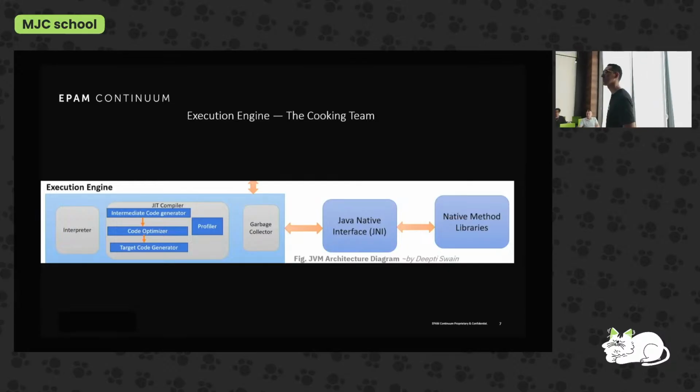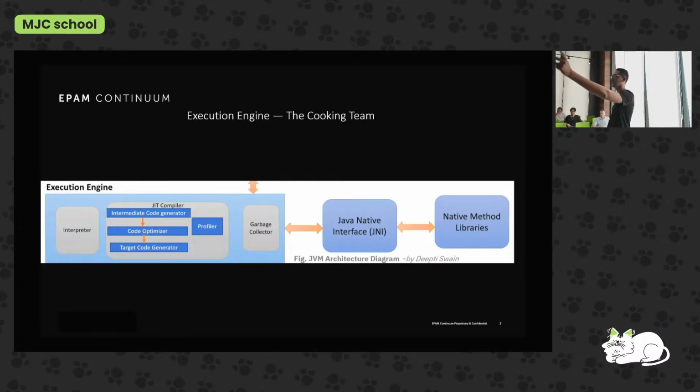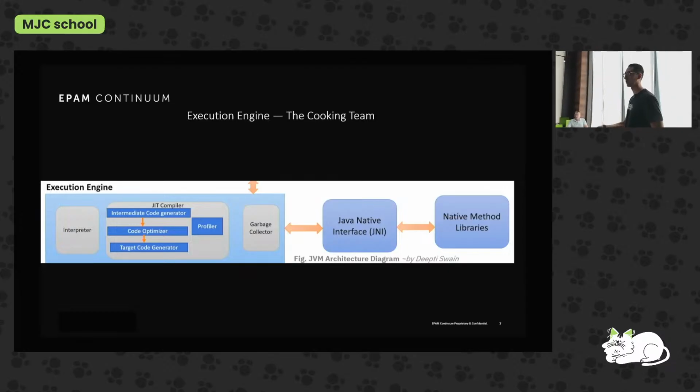So the main parts of our execution engine are the interpreter and the JIT compiler. As I mentioned before, the interpreter executes the code, or sometimes we refer to it as instructions, because in fact these are bytecode instructions. The interpreter reads the instructions line by line and does the job. This is in fact the slower one.